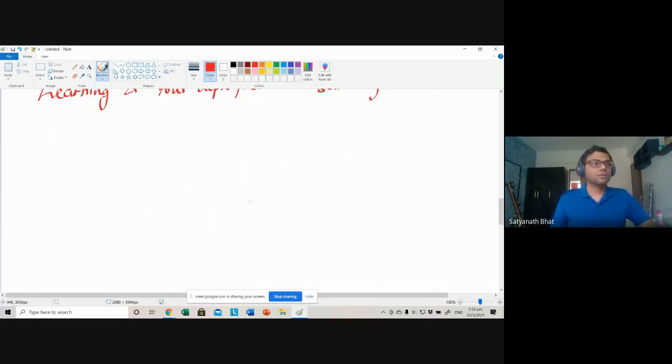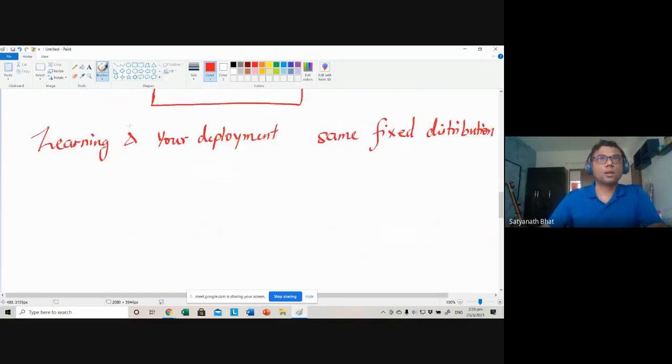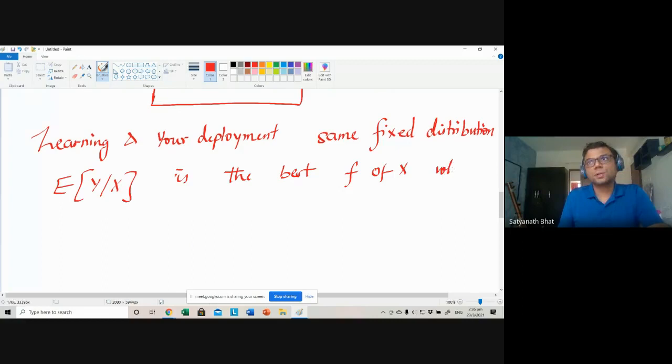These are the kind of things which are very important when you are doing a learning algorithm. And then just to recap a little bit more, we realize that when you use the least square loss, what you will get is essentially E of y given x, the best function of x which minimizes E out.